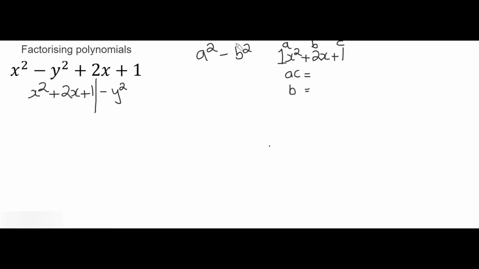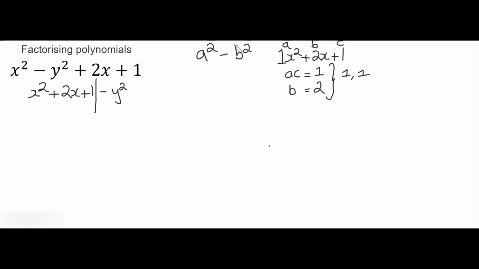A multiplied by C is 1 multiplied by 1, which gives us 1. The value of B is the constant of this, which is equal to 2. Now we have to find two numbers that multiply to give us 1, and the same two numbers that add to give us 2. Those two numbers are really easy, which are 1 and 1.